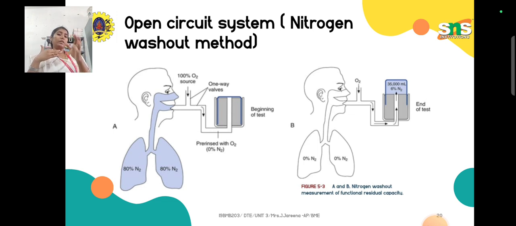In place of 100% oxygen, if the patient is taking normal air present in the atmosphere, normal air has a different composition of gases, including nitrogen, which is again about 78 percentage. So during exhaling, nitrogen goes out.